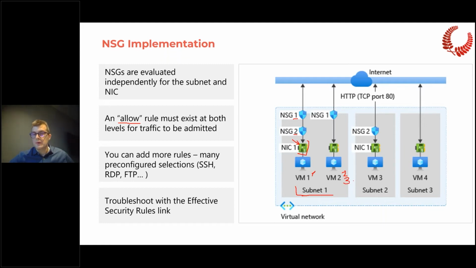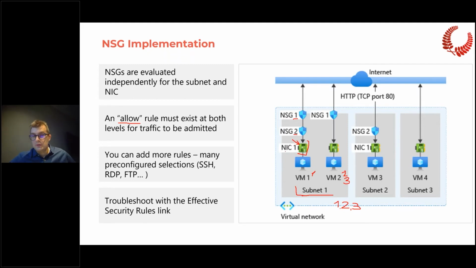I won't write port numbers to save space. Then we can set up the network security group on the subnet level to allow ports 1, 2, and 3, and nothing else.